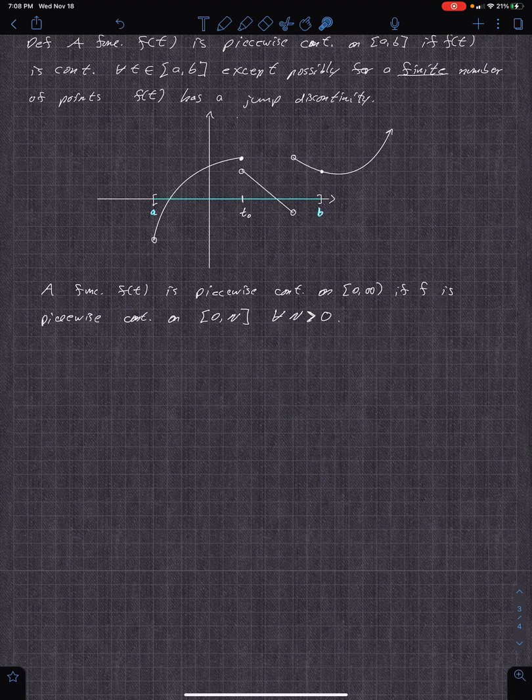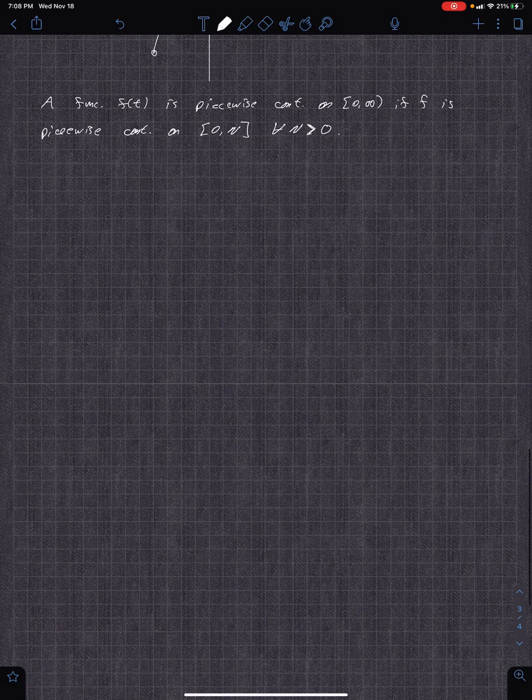Okay, now let's talk about convergence of the integral. So this is integral convergence. To talk about integral convergence, I want to remind you of the idea of sequences and series.